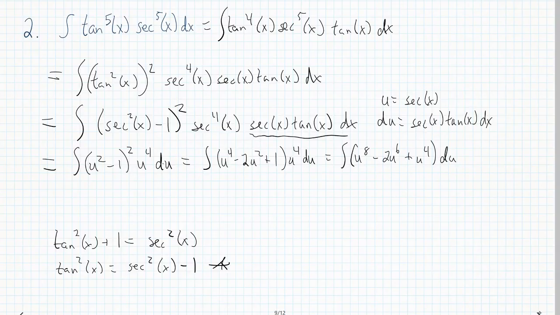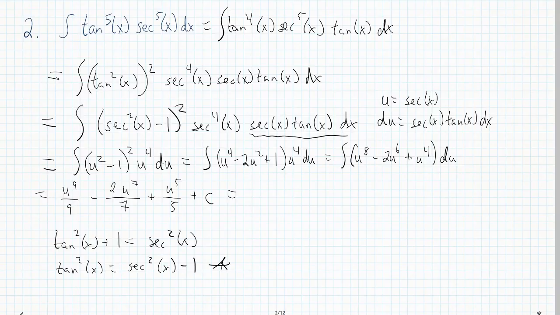And we can use the reverse of the power rule, and we have our antiderivatives are u to the ninth over 9 minus 2u to the seventh over 7 plus u to the fifth over 5 plus some constant c.